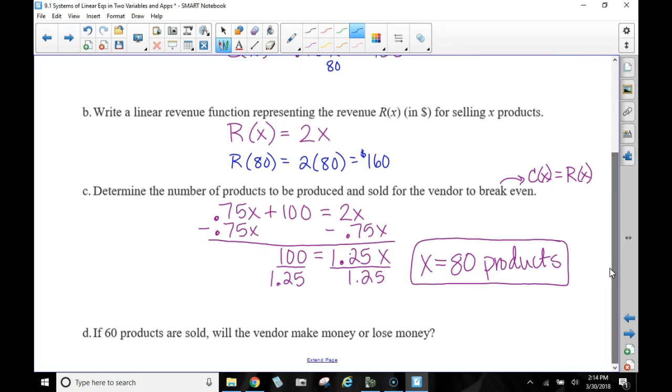So then with that information in mind, it says if 60 products are sold, will the vendor make money or lose money? He's going to lose money because his break-even point was 80 products. He only sold 60. So he's going to lose money here. Does that make sense?